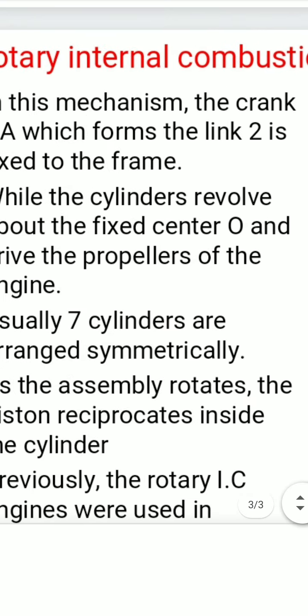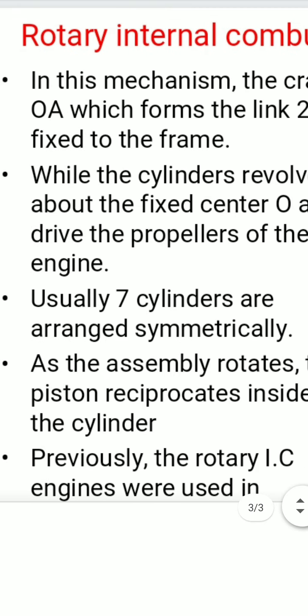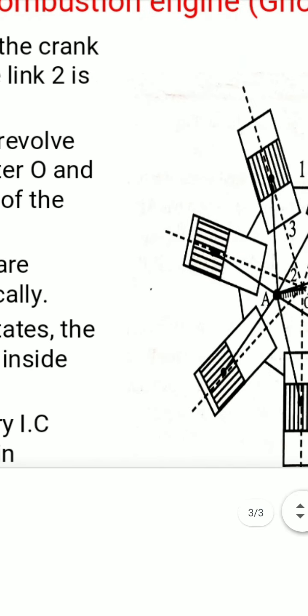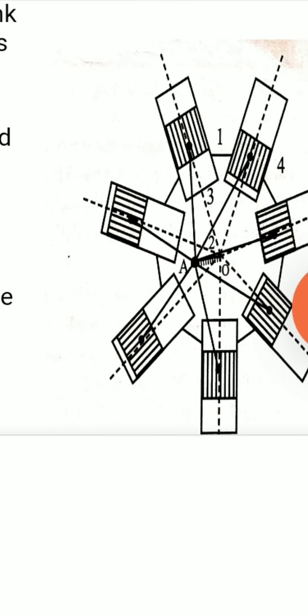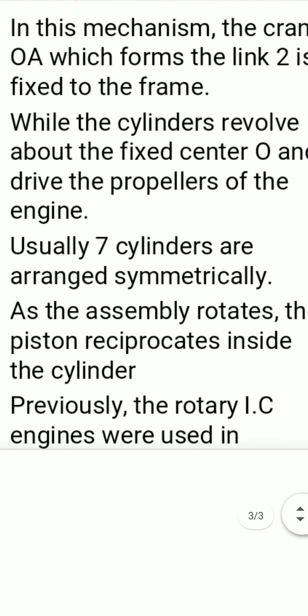As the crank is fixed, the cylinders revolve about the fixed point O and drive the propellers of the engine. Generally, there are 7 cylinders arranged systematically here.